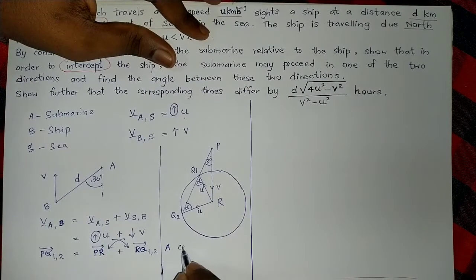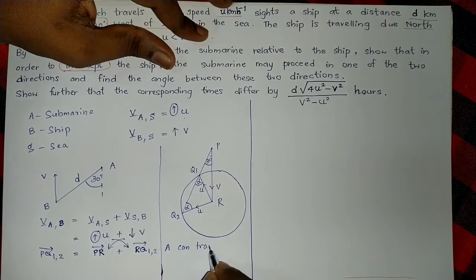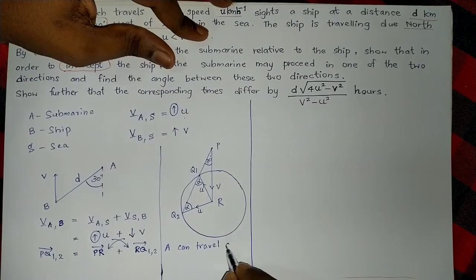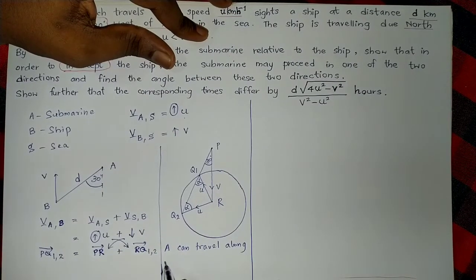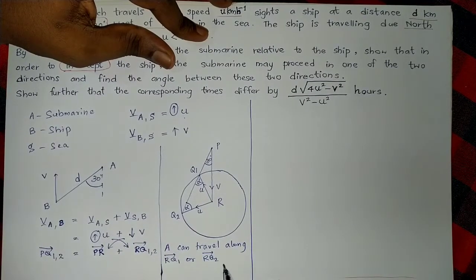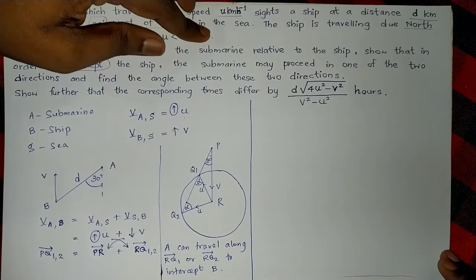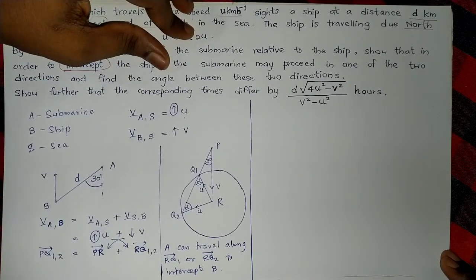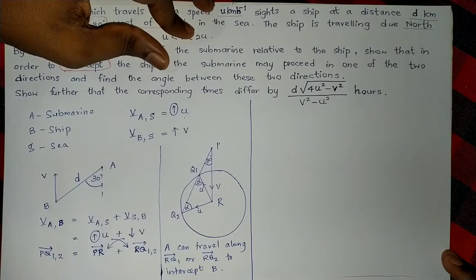A can travel along RQ1 or RQ2 to intercept B. Now I want to find the angle between these two directions.